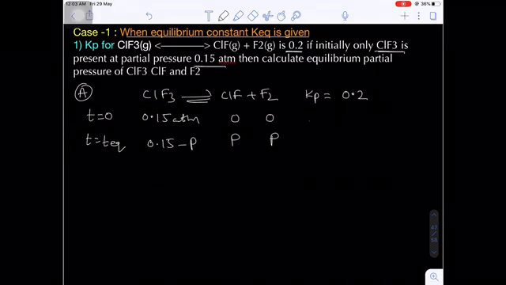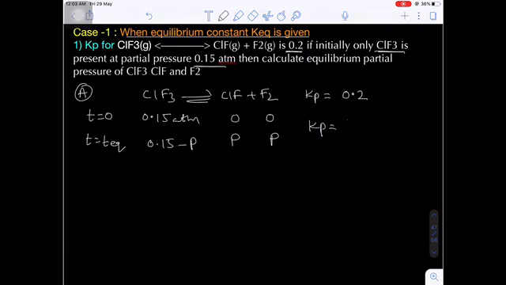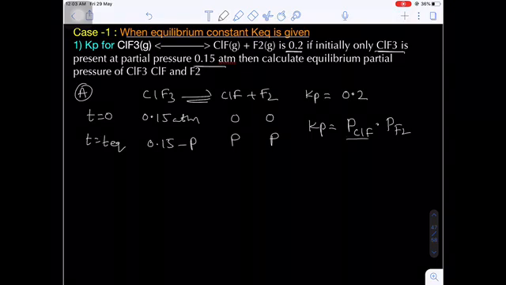Now what is the Kp expression here? Kp is equal to the partial pressure of ClF multiplied by the partial pressure of F2, whole divided by the partial pressure of ClF3.